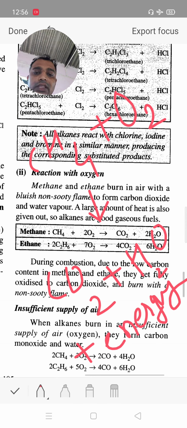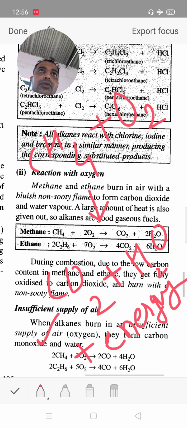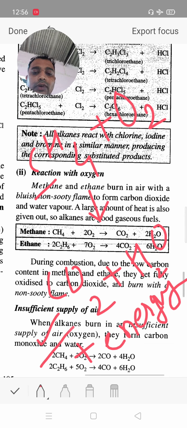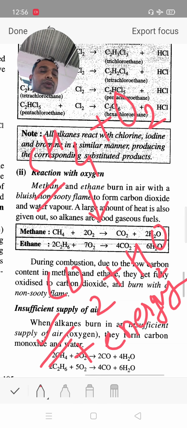There is a total of 1 carbon, therefore it gives CO2. Count the number of oxygen, hydrogen and carbon. The reactant has 1 carbon and the product also has 1 carbon. The reactant has 4 hydrogen and the product has only 2 hydrogen, therefore 2 times water. Then hydrogen is balanced, 4 and 4.